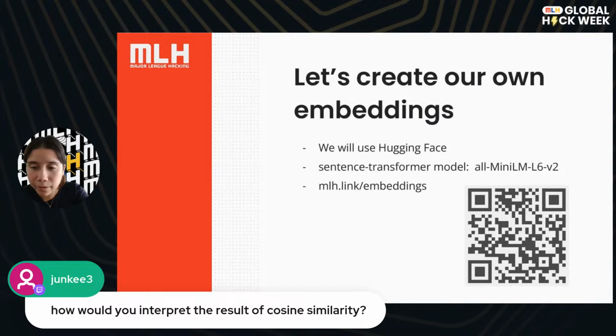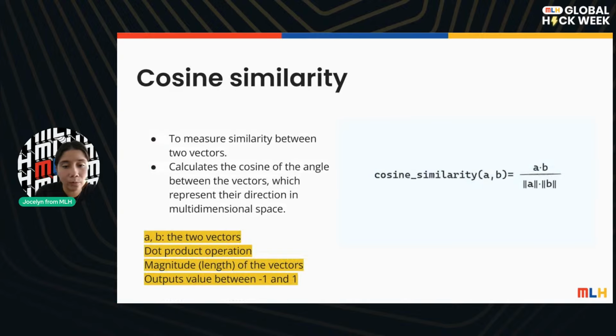And then we have a question: how would you interpret the results of cosine similarity? I only know that they vary from -1 to 1, but I honestly, right now, don't know if 1 means like 100% accuracy or not so much accuracy. It's something to look up, definitely. But we can find out once we start doing the code, we can print the result of cosine similarity to see how alike they are.